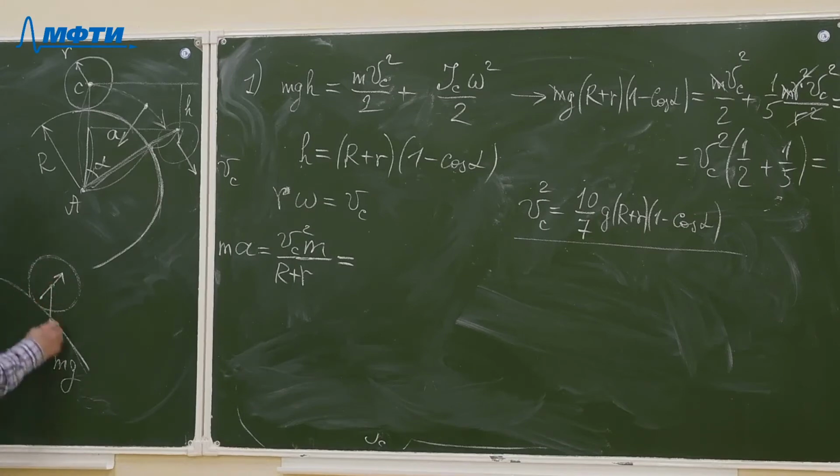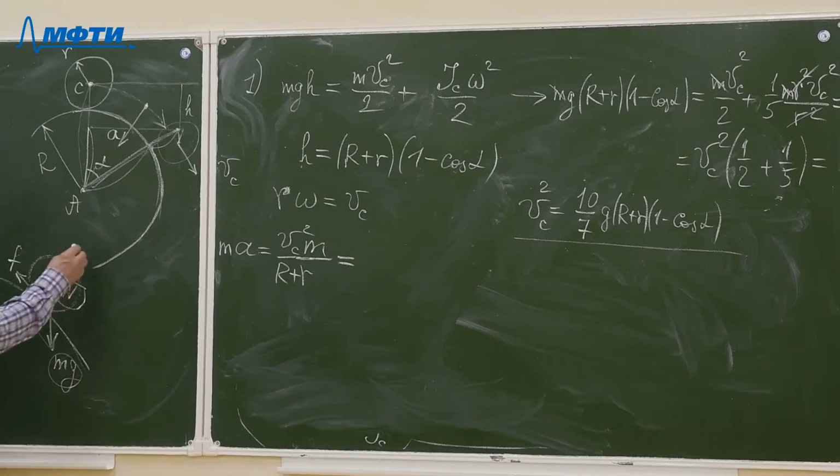One is perpendicular to the surface, denoted by N, and another is parallel to the surface, denoted by F, the force of friction.